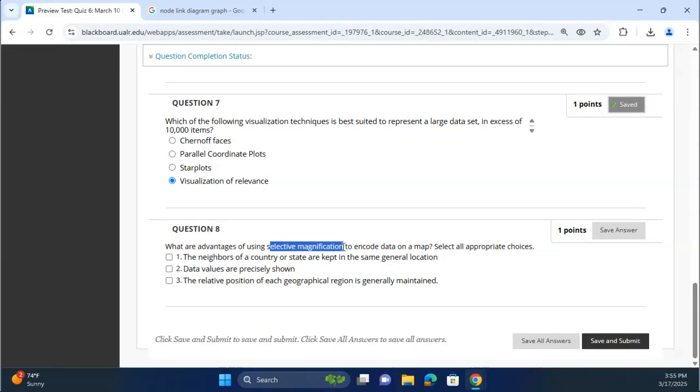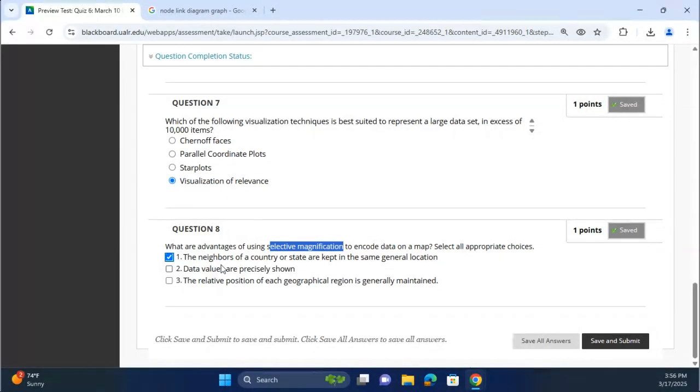But some of them get shrunk, some of them get expanded. Generally, they follow the map in the sense that Japan is still going to be in Asia, it's not going to show up in Europe suddenly. Data values are not precisely shown unless you know ahead of time how big Japan is supposed to be.